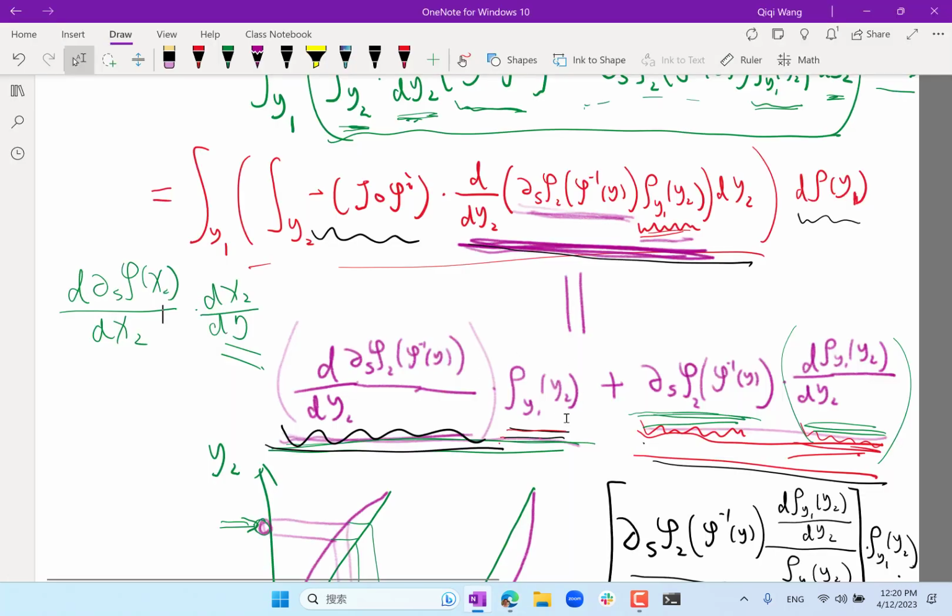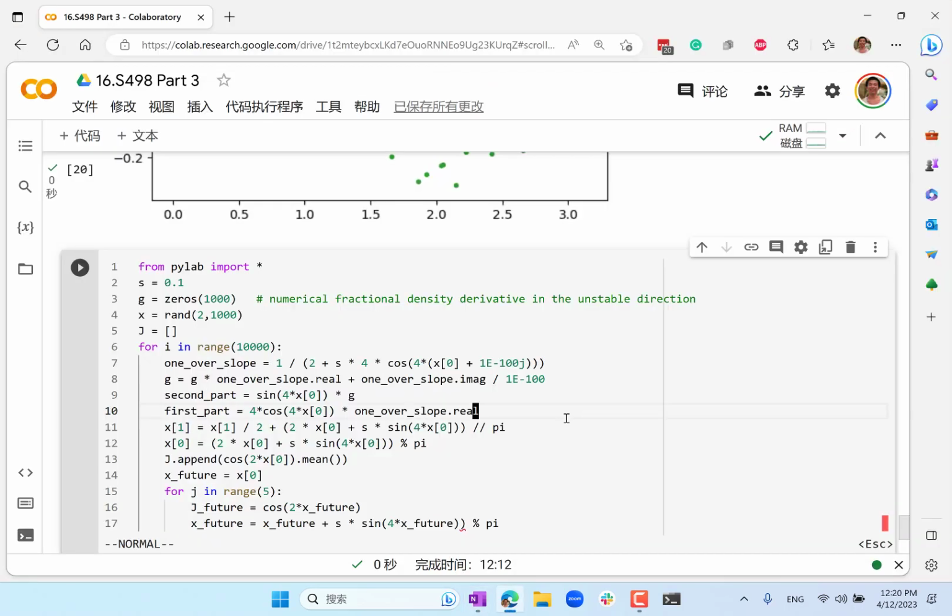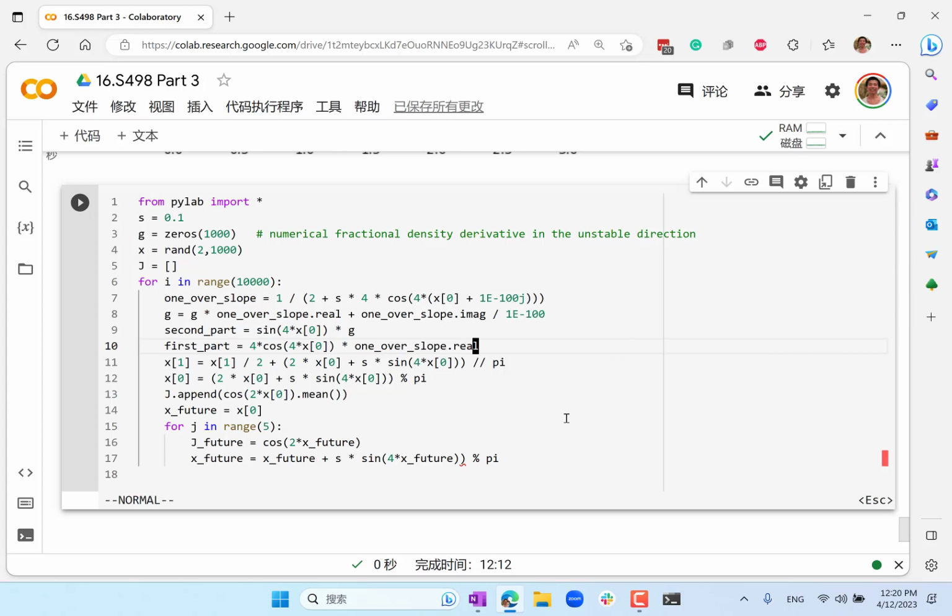Okay, and the density is going to be multiplied with the outer density to form the equilibrium density. Okay, and then every time we compute the J future, let's see.